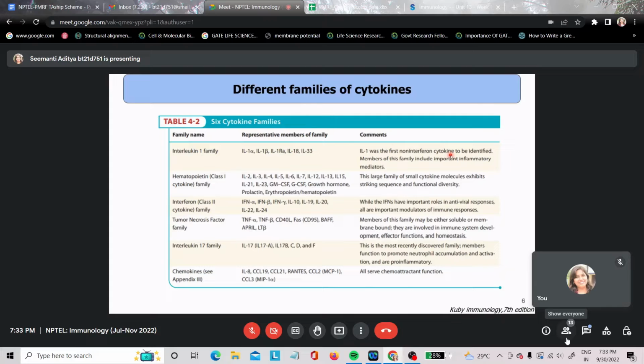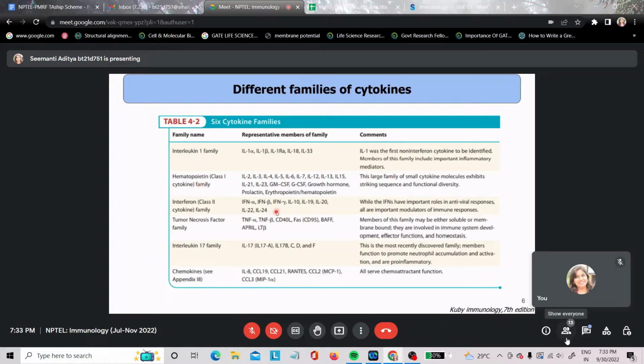Generally people identified interferons and interleukins together, and the first non-interferon cytokine was IL-1. Members of this family include important inflammatory mediators. So interleukin 1 is associated with inflammation.